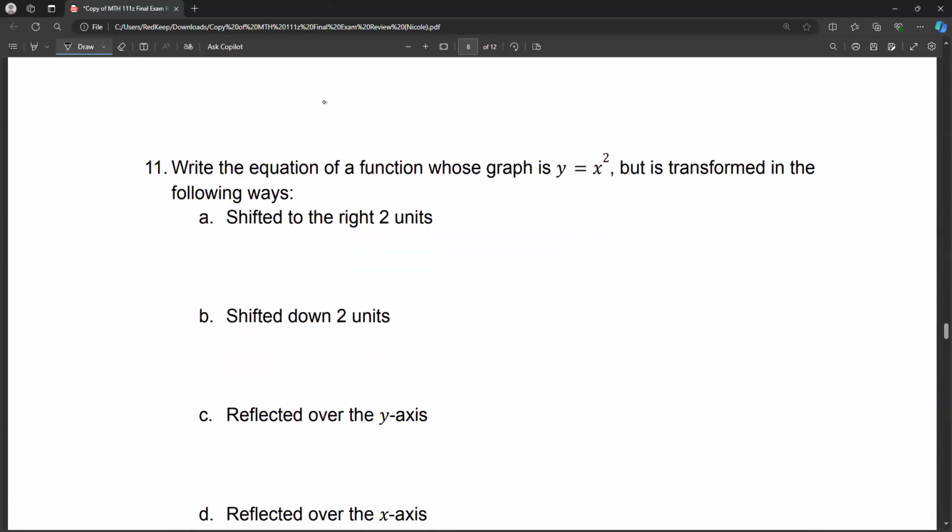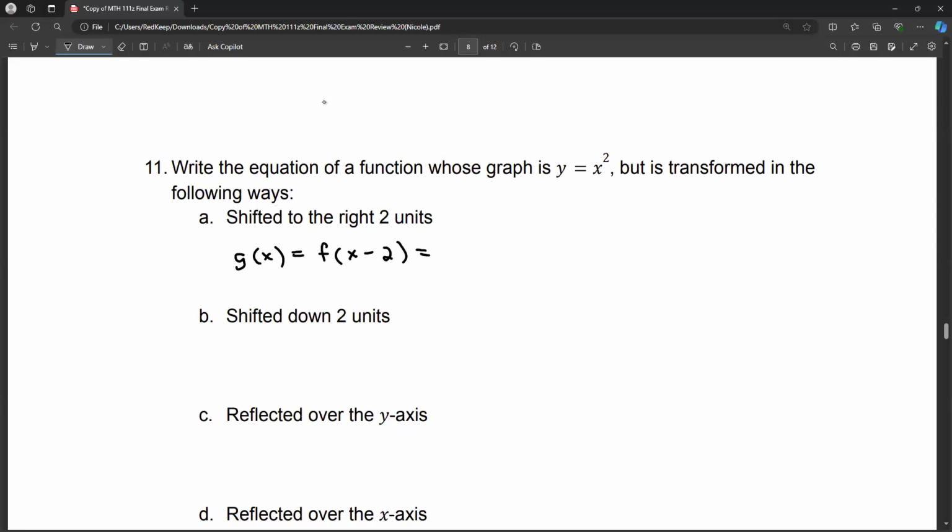So shifting to the right 2 units, I'm going to call this my g of x function. We know that this will shift to the right 2. It's going to be adding, no, I'm sorry, subtracting 2. That's the one we have to remember on the inside of the parentheses.